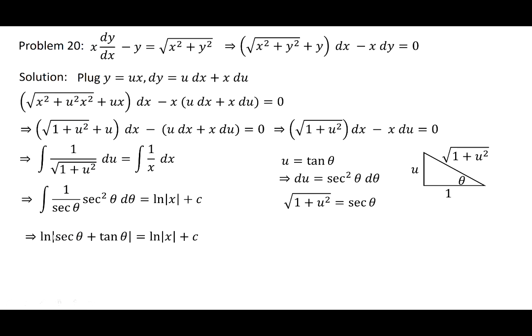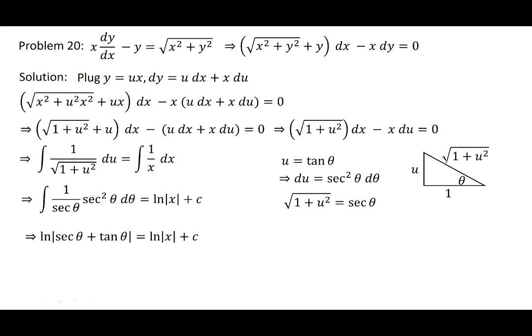So, as a first step, what is secant theta? Secant theta is square root of 1 plus u square. What is tangent theta? u. Well, let's say the answer came out to be natural log of sine theta plus cosine theta. Can we figure out what sine theta is? Yeah, we have the triangle here. So u over square root of 1 plus u square, opposite over hypotenuse.